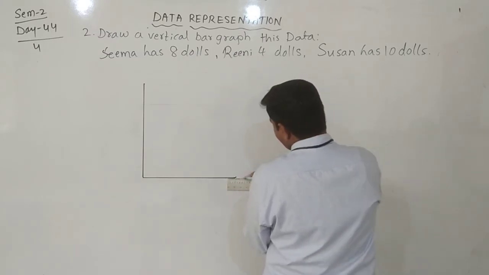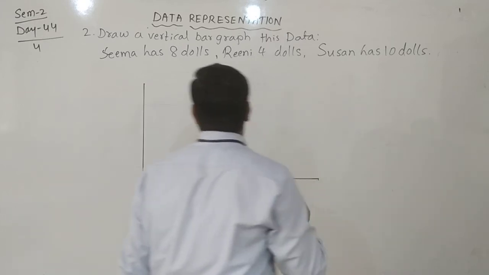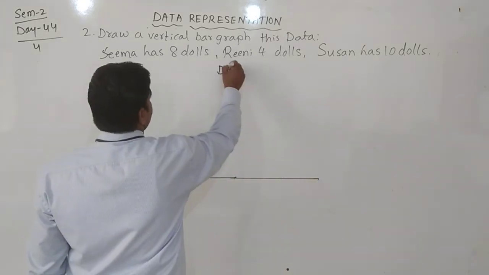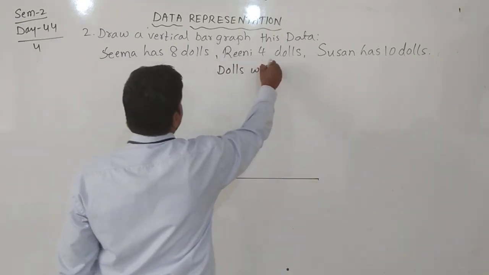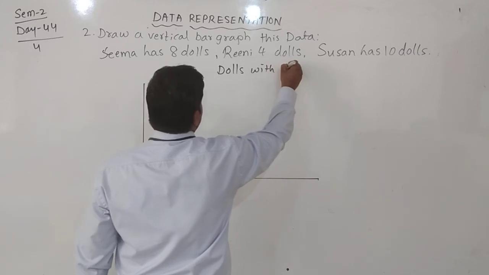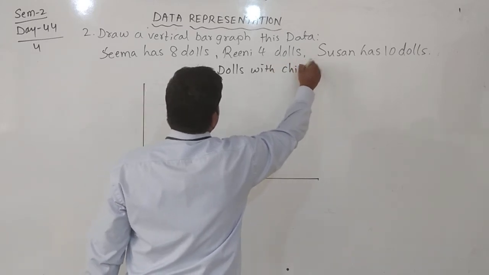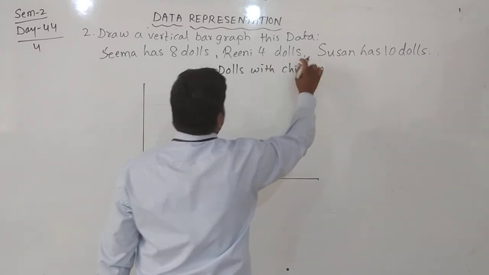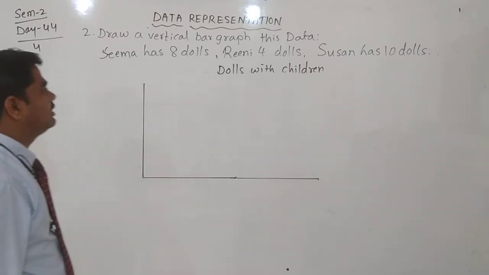Vertical bar graph we should draw here. This is the title: Dolls with the children.